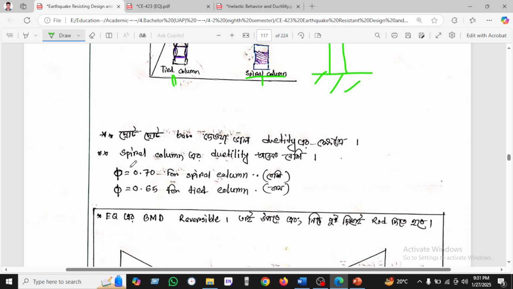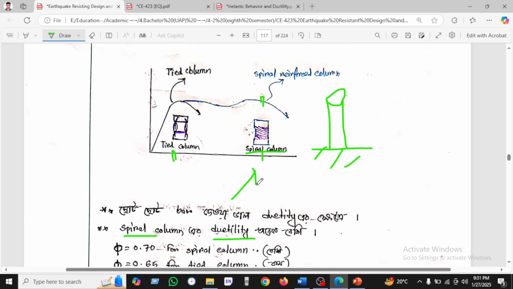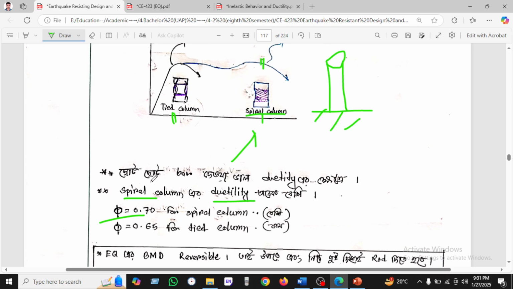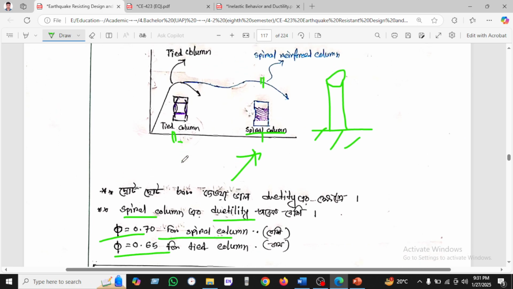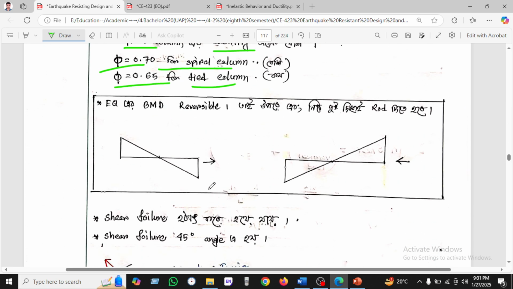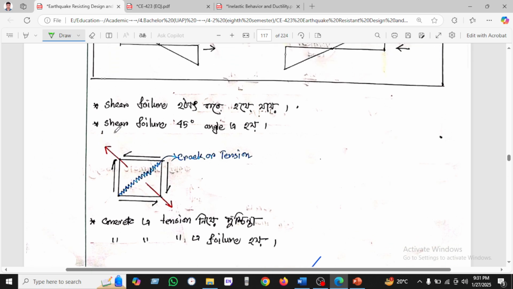Okay, so in the spiral column, the ductility is much more, we have been seeing this. That's why the phi ratio is 0.75 for spiral column, which is more, and 0.65 is less, because the tied column's ductility ratio is very low.